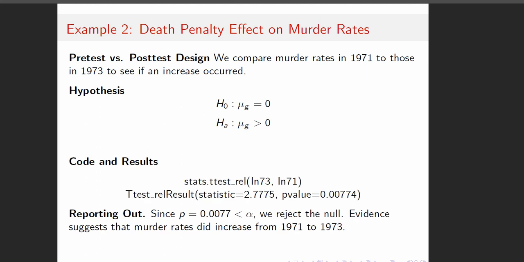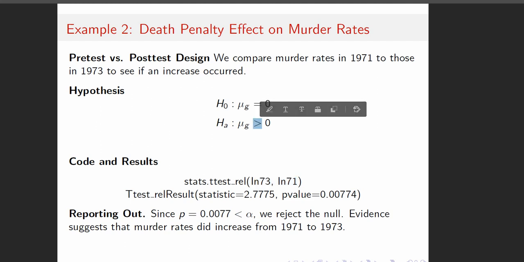And again, we're going to use the t-test rel, stats.ttest_rel, and notice that we're going to do 73 minus 71. Why? Well, we always do post minus pre. Because if there's a gain, if there's an increase, then post minus pre will be positive. So we're looking for an increase.